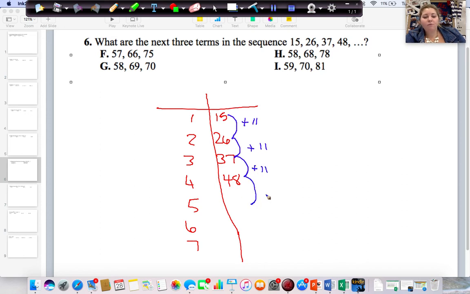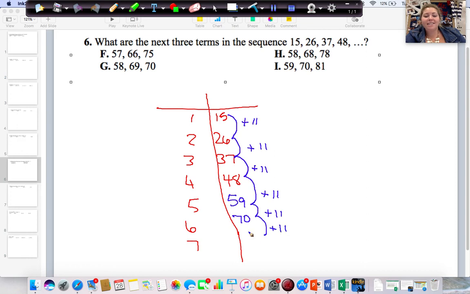So 48, we need to add 11 to 48, and we get 59. And 59 plus 11 gives us 61, right? Not 61. What am I thinking? 59 plus 10 is 69. Plus 1 is 70. How about that? Losing my mind here.